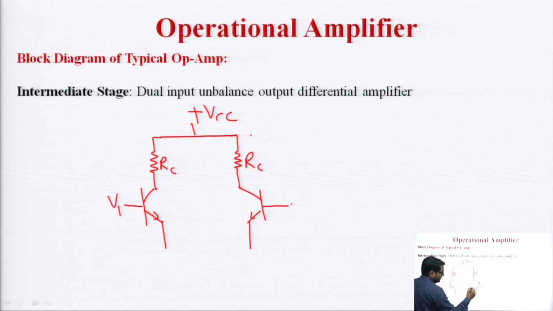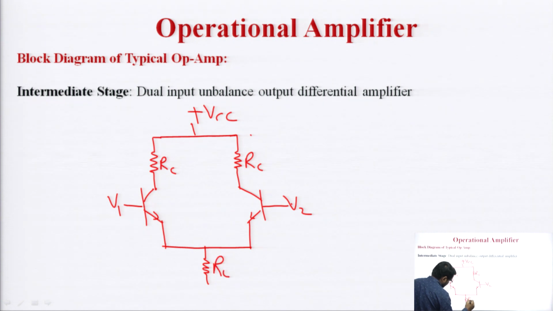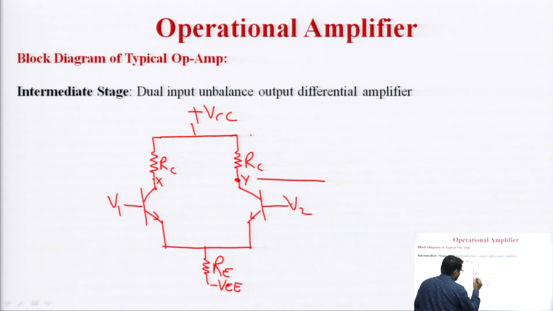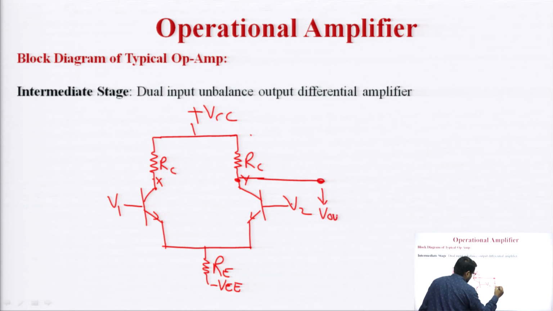Here the signals V1 and V2 are both AC signals, and similarly this is the RE, and this is the minus V. And here the unbalanced output: this node is X, this node is Y, and the output is taken from node Y as V out.